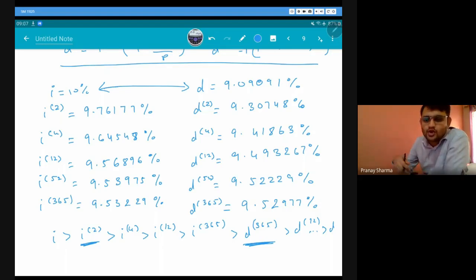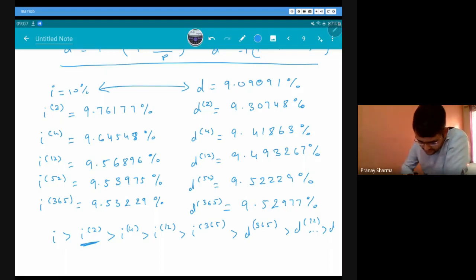If I'm giving you more discount in 1 year, more than once, that means I'm discounting more. If I'm discounting more, I will require more rate of discount to discount more. So that is why D2 is more than D. I will require more rate of discount to get the same answer.